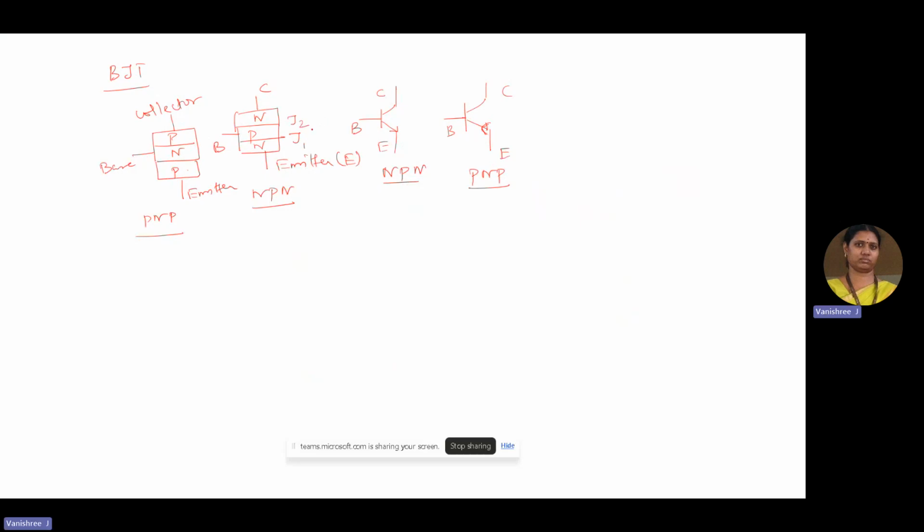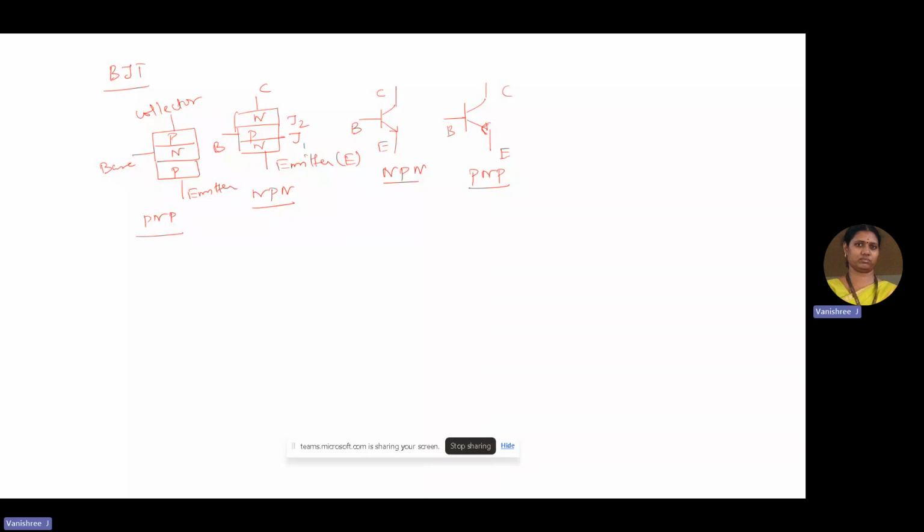In order to have the flow of current from emitter towards the collector, both the junctions must be in forward bias. The emitter emits the charge carriers, which are collected by the collector terminal. So these are the basic terminals and this is the symbolic representation of the NPN transistor.